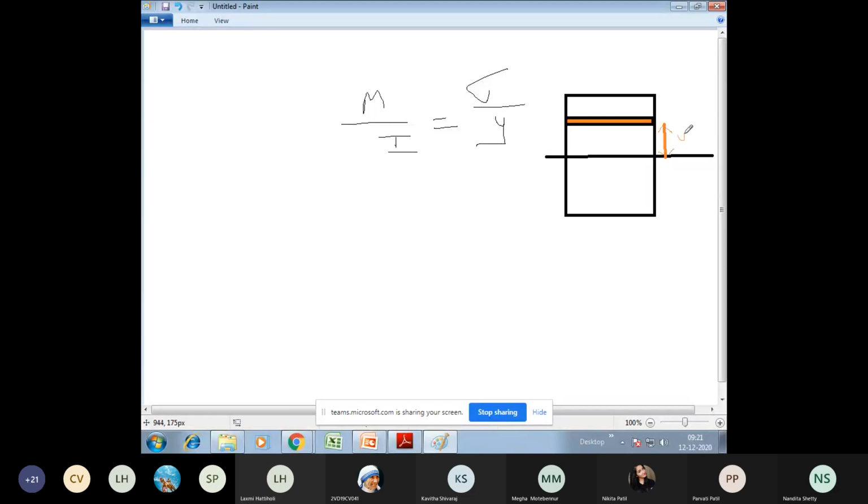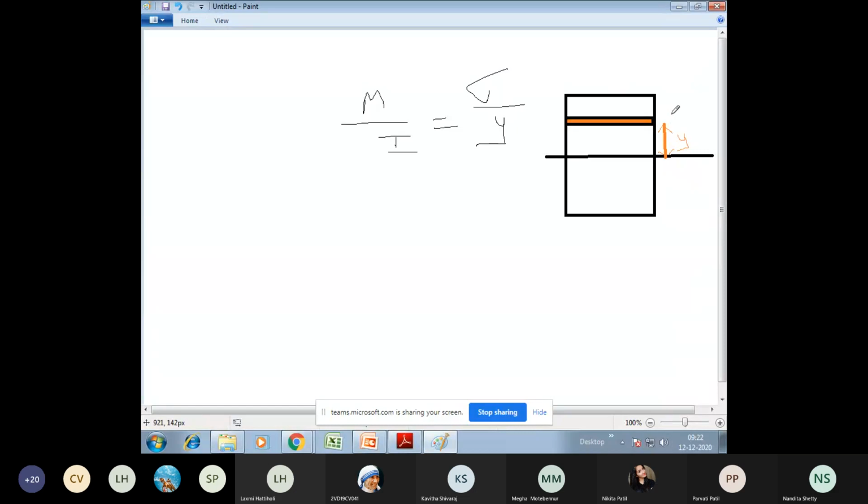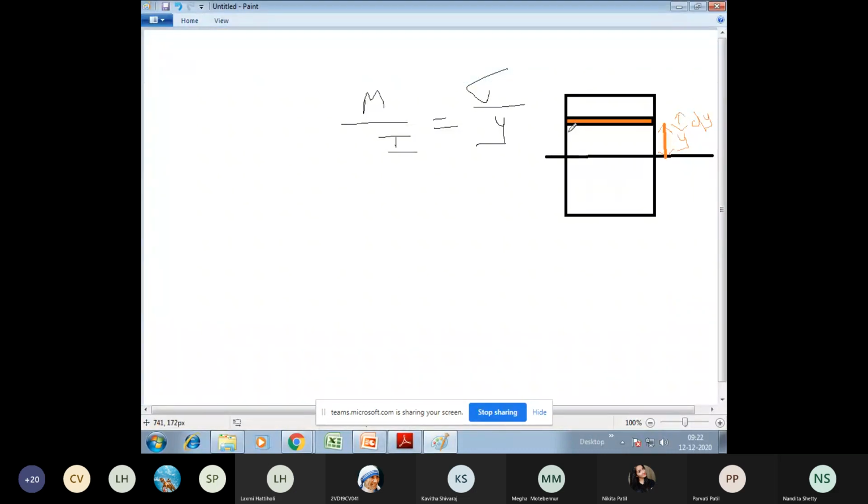The thickness of this fiber or element is dy. Now, this is basically CD. This fiber, I'm going to name it as CD.